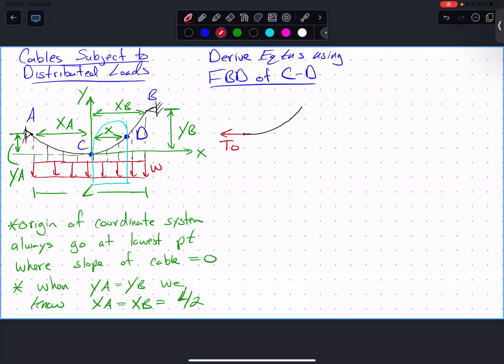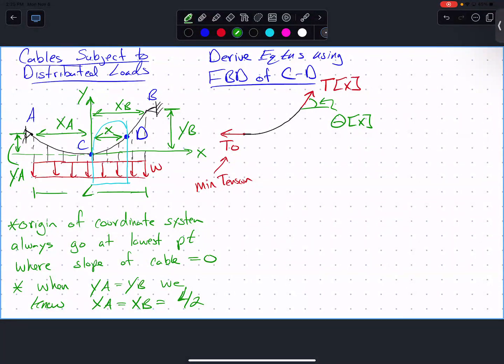So we're going to call it T naught, our min tension, and that's at point C. At point D, we're going to have some T as a function of X, because it's going to depend on how far that cut X is. We will also have an unknown theta there as well. That's going to be theta as a function of X. It'll change for every distance X that we get.